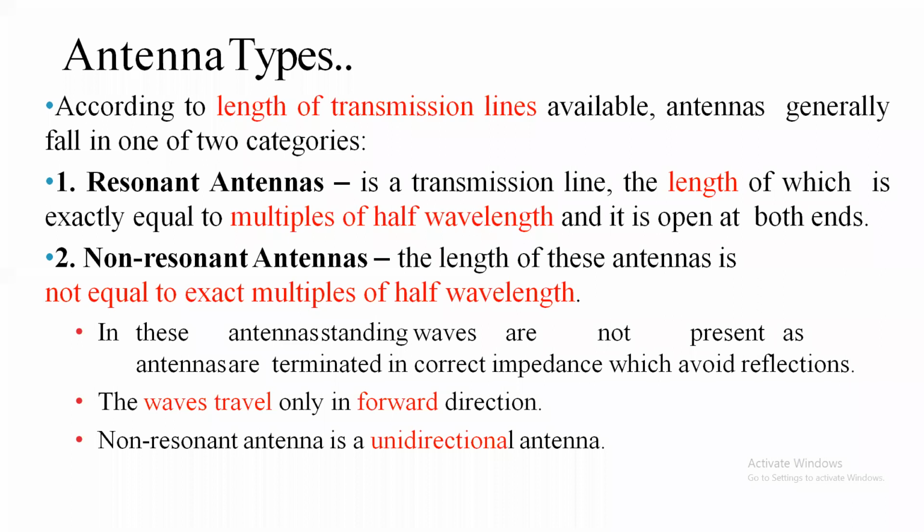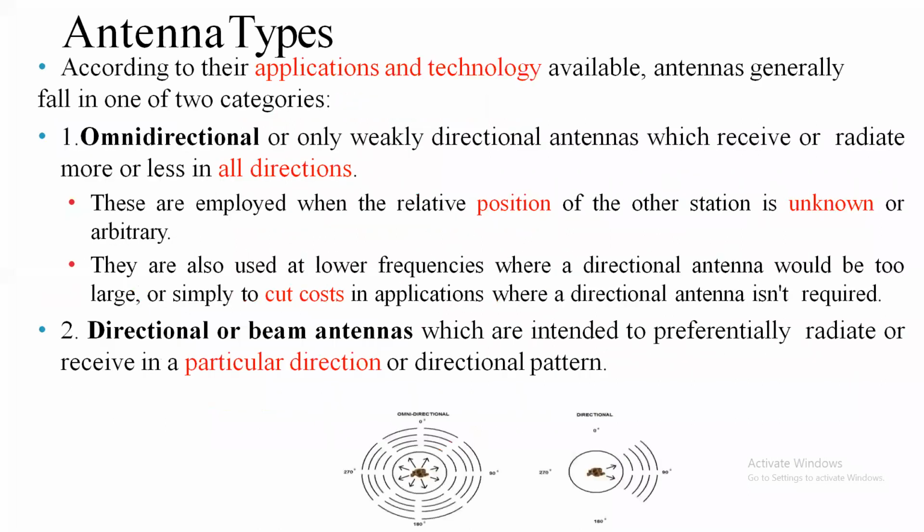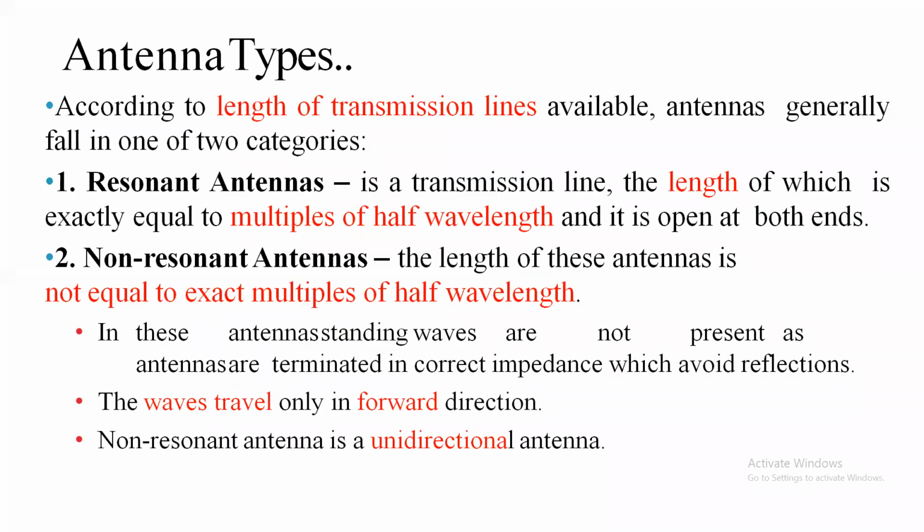And also there are two other types of antennas. This category is based on the length of the transmission line, whereas the earlier one categorized antennas based on the direction of radiation. Here are the resonant antennas.